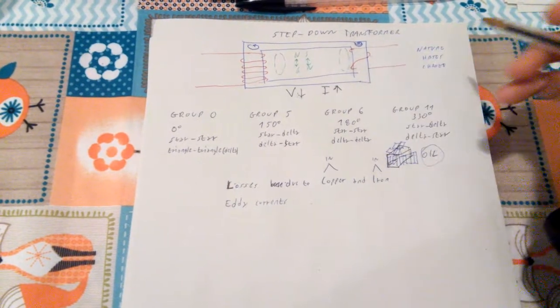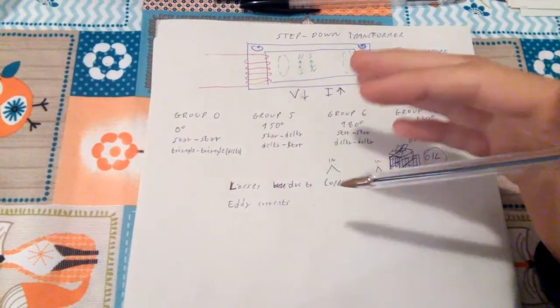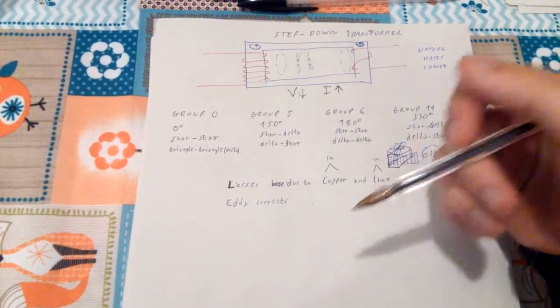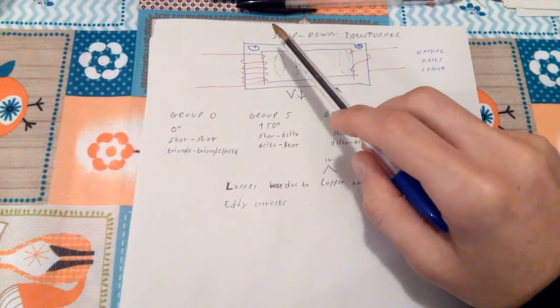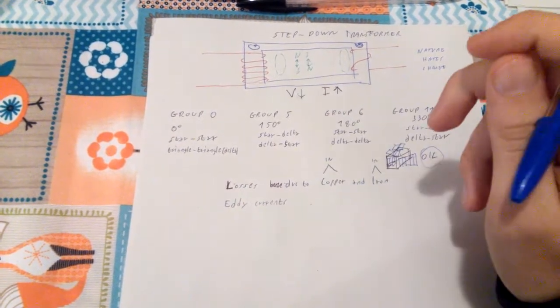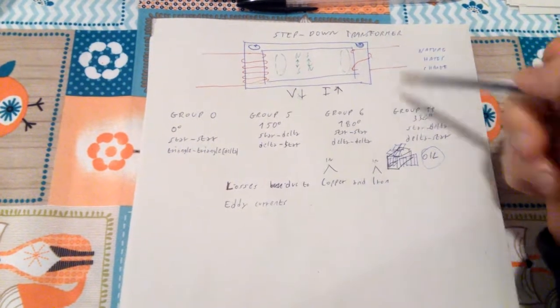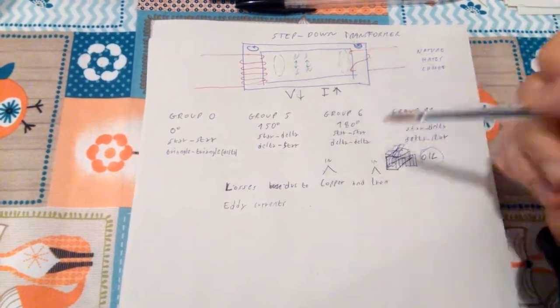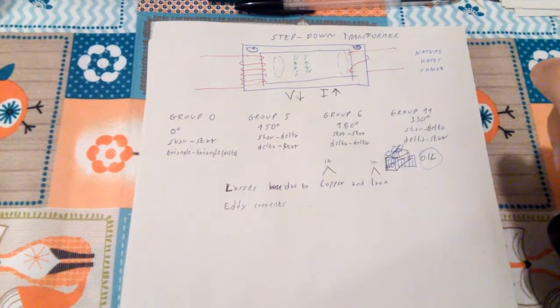There are different ways in which engineers have developed workarounds to make those currents as small as possible, but they're still going to be there, and they're still going to be in the opposite direction of the flow of current.